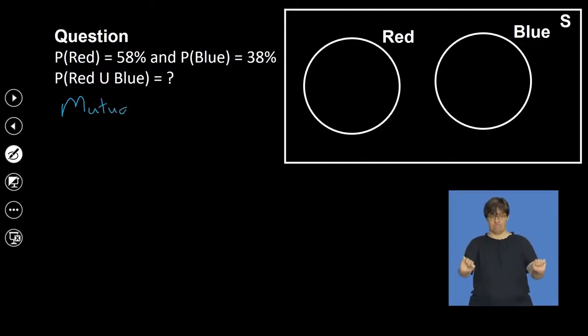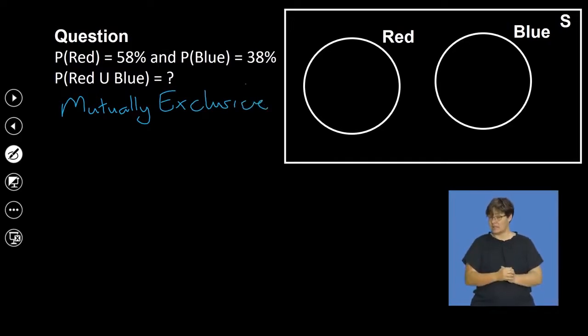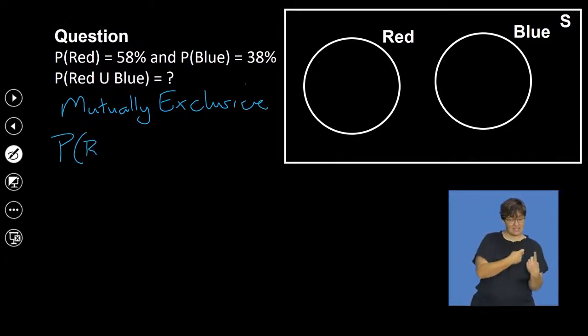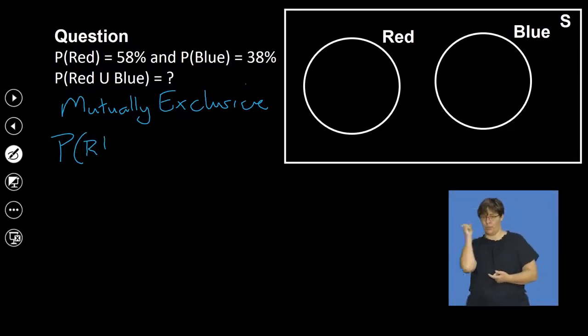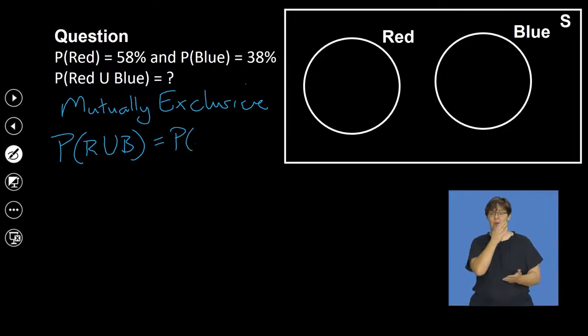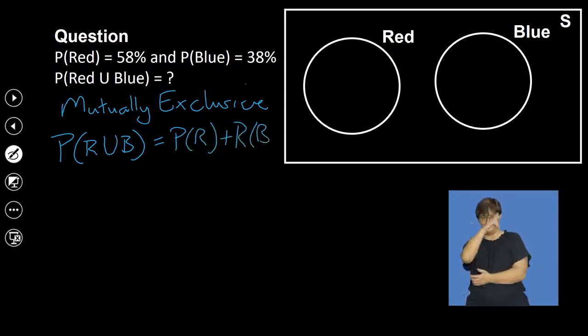You can't have a car that is red half of it and blue the other half. So we can apply our rule of the OR function here. The probability of either choosing red or blue is going to be the probability of red plus the probability of blue.